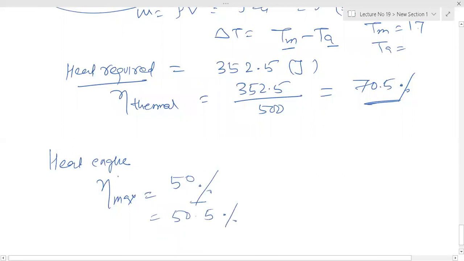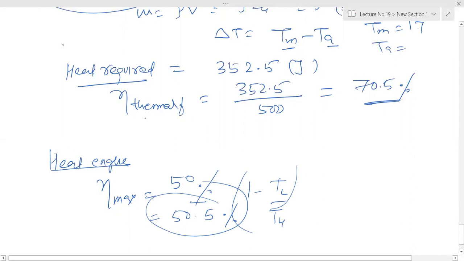What is the maximum efficiency of an engine? 1 minus T_L by T_H. It is not the thermal efficiency of a process. It is in a process.